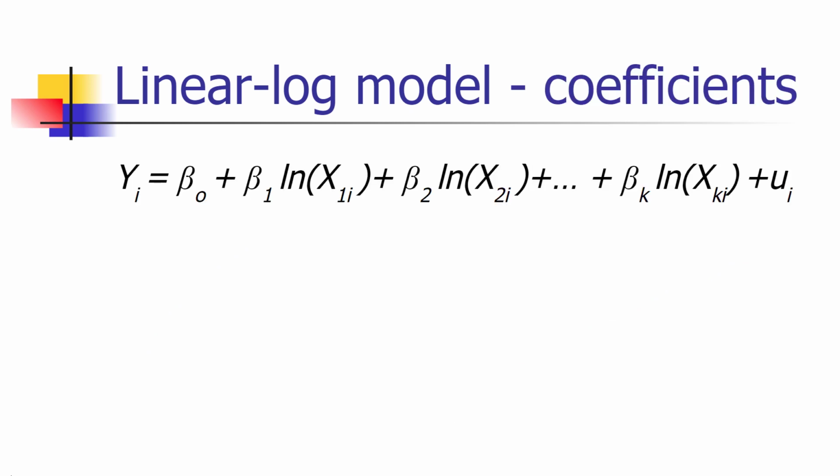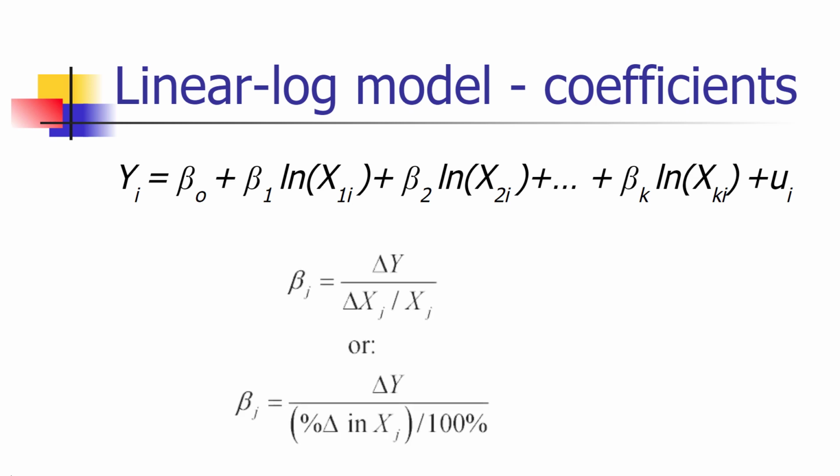If we take this basic specification of the linear log model, the interpretation of the coefficients is that each of the slope coefficients is a measure of the change in y divided by the rate of change in x, or we can write that as the change in y divided by the percentage change in x over 100. So it's measuring the rate of change in x, but as a decimal, not as a percentage.